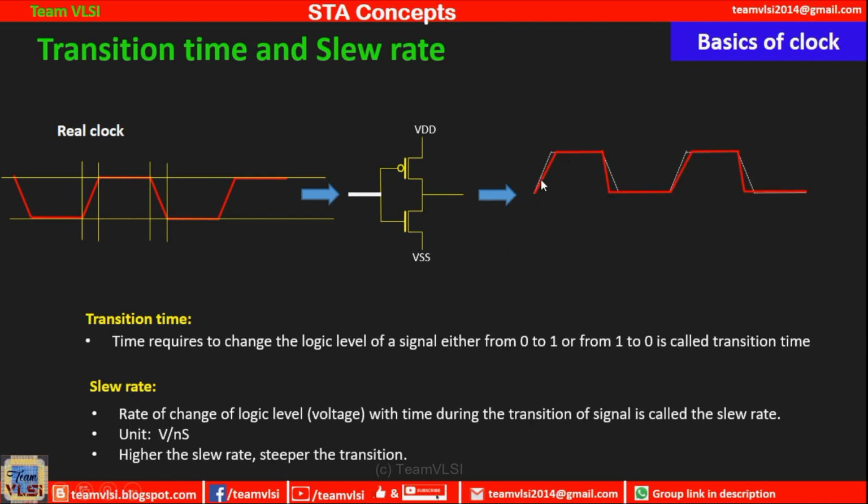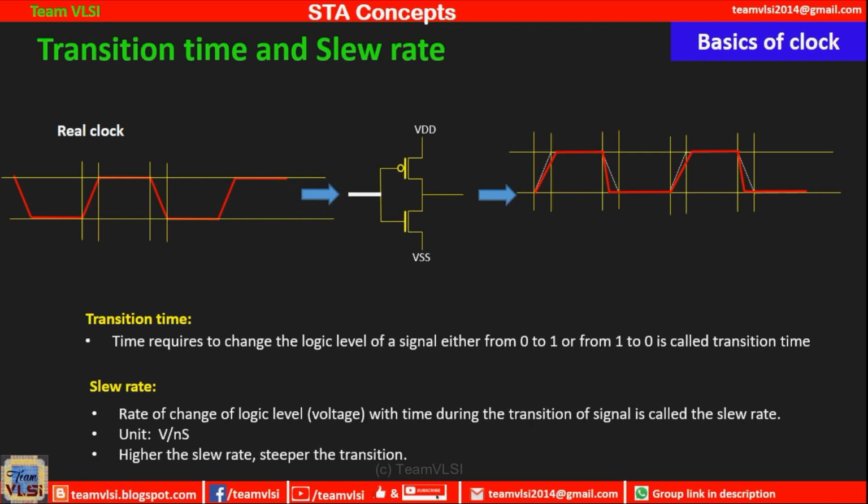You can see the rise time, due to this PMOS, will be larger than it ideally should be, and its fall time will be smaller than expected, as this NMOS is faster. What can you observe here? You can see your rise time has increased and fall time has decreased.